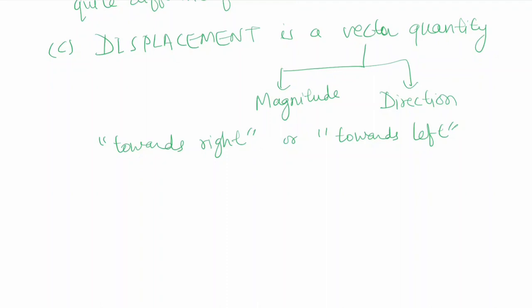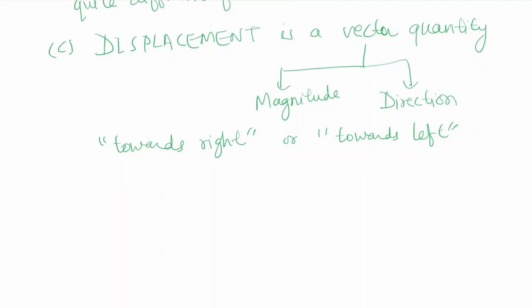So there is a directionality involved here. The complete specification of displacement involves telling both how far the object has been displaced, as well as in what direction it has been displaced.